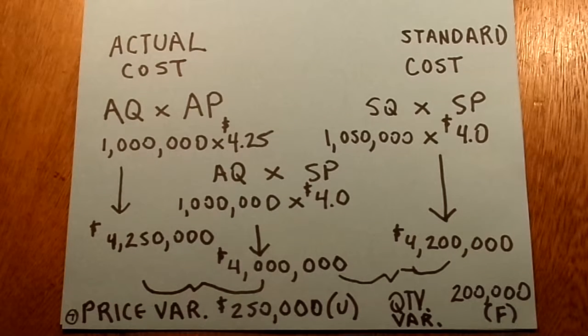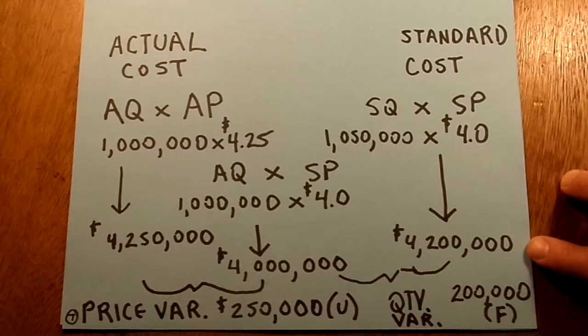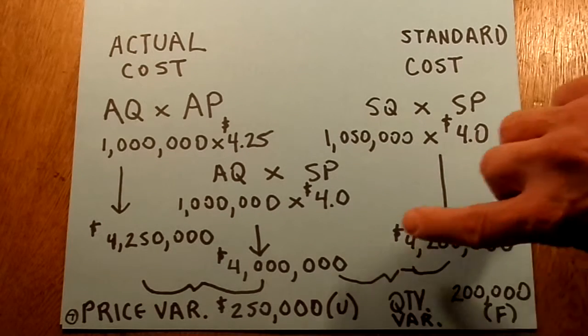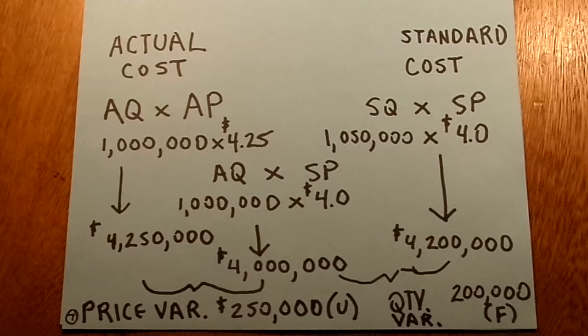The actual quantity was 1,000,000, but we budgeted a quantity of 1,050,000. And our budgeted or standard price was $4 per pound. This created a standard cost of $4,200,000. We compare it to 4,000,000, and we say that the $200,000 quantity variance is favorable.